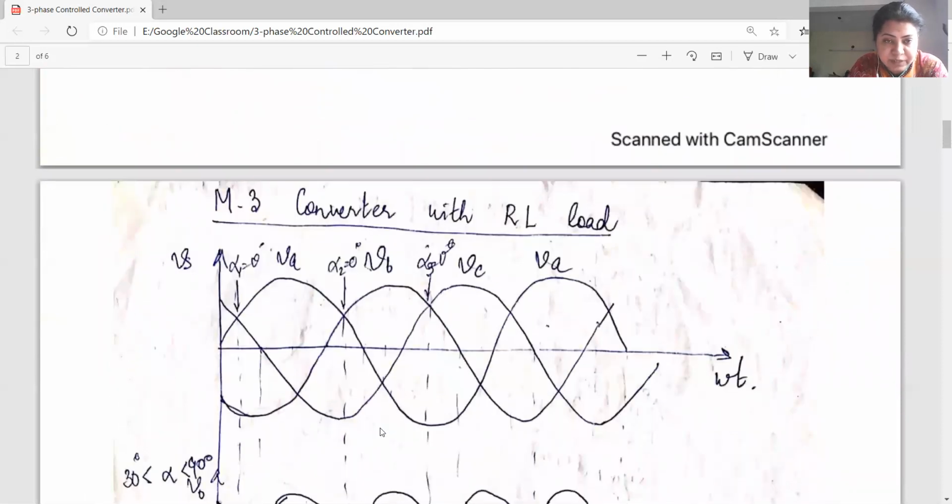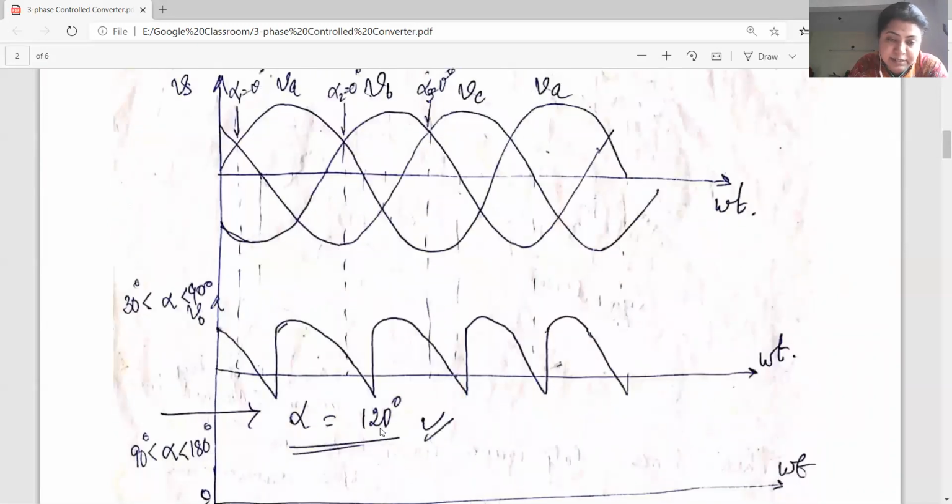Now M3 converter, midpoint, 3 pulse converter with RL load. We just replace the load with an R in series with an inductor. In this case, just the same things will happen, except for the output will go negative. So this is for a firing angle greater than 30 degree, less than 90 degree.